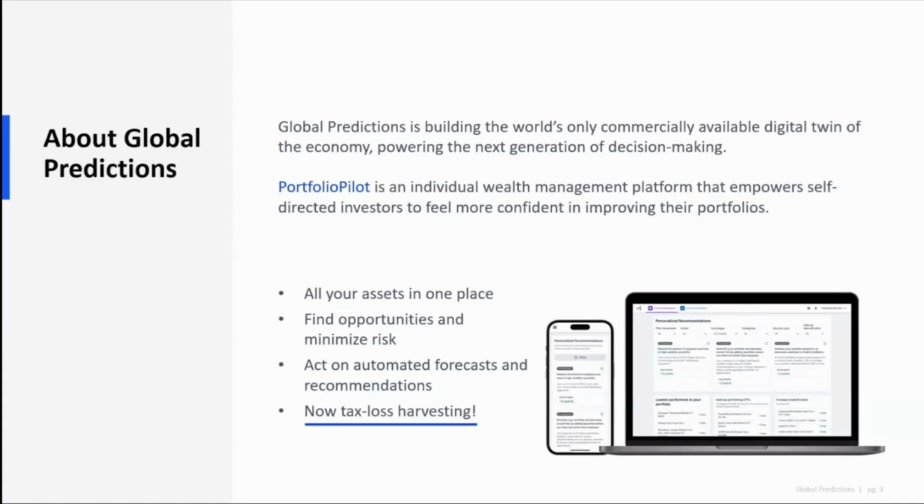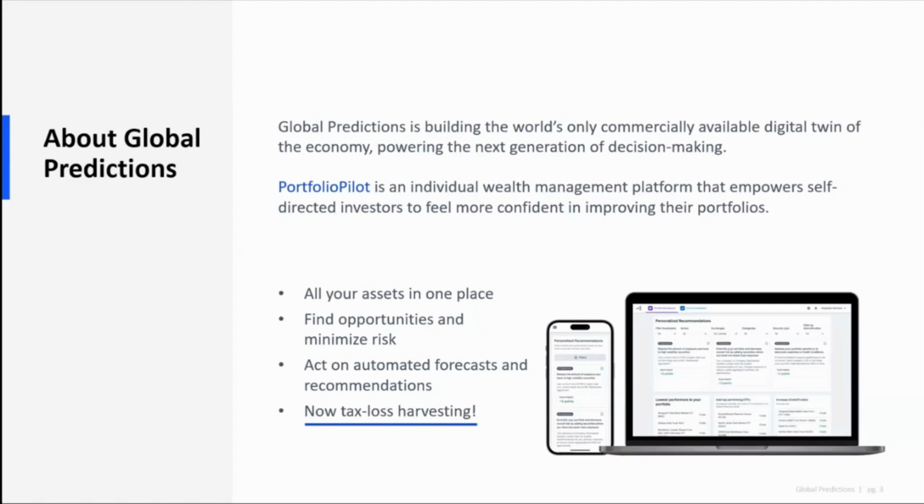So Global Predictions, we are building the world's first commercially available digital twin. And this is going to hopefully power the next generation of decision making for investors, for multinational corporations and government agencies. The recommendation engine that we built powers Portfolio Pilot, which is our individual wealth management platform that empowers investors like you to feel more confident in improving their portfolios.